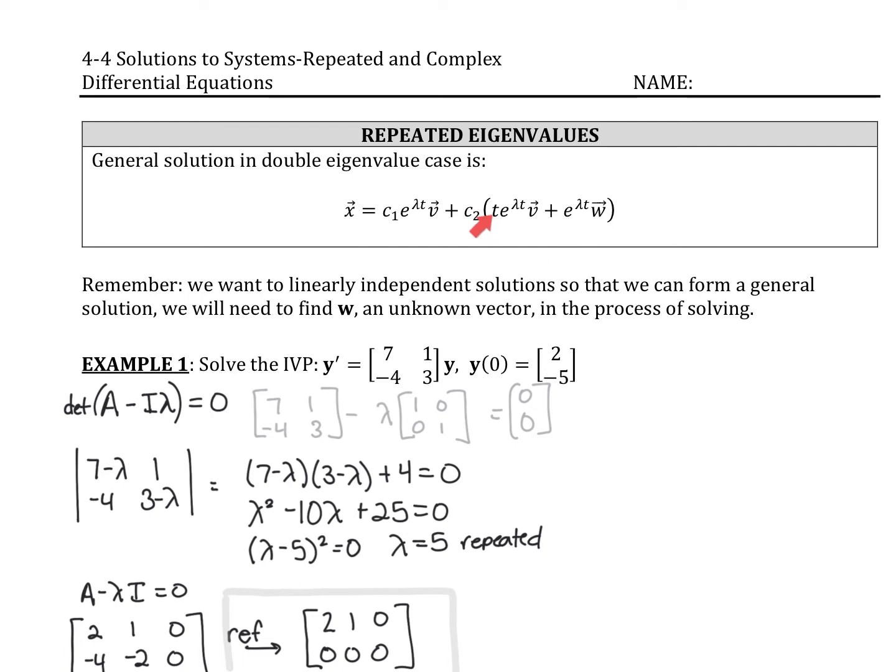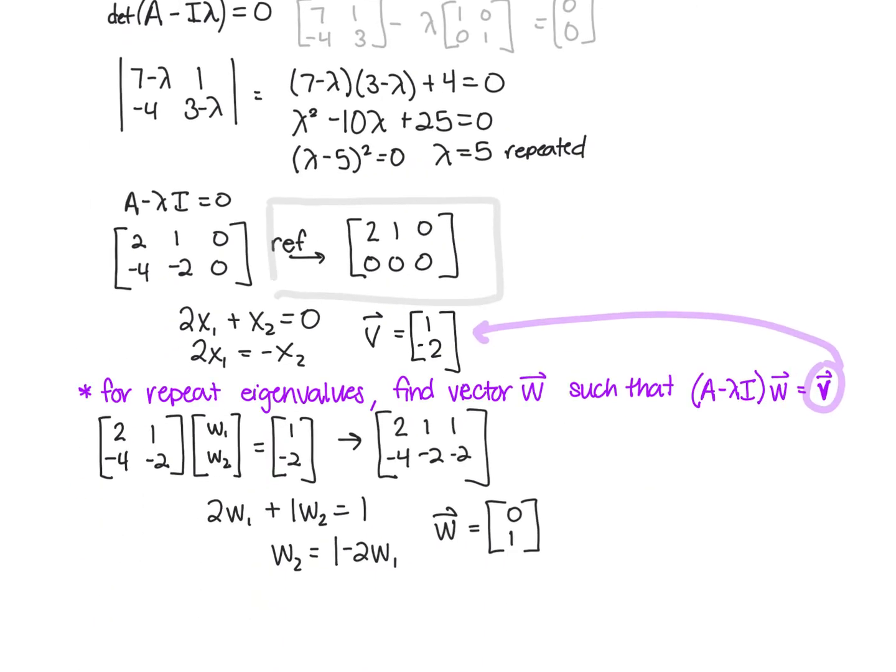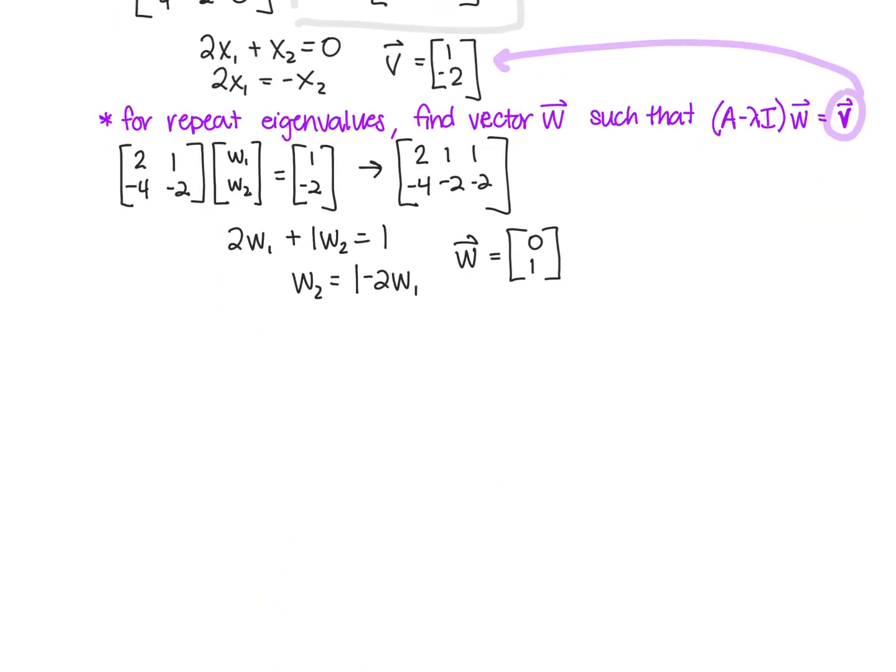It's very similar to what we did with repeated values from before. e to the lambda t times that vector. So notice the vector that we use, that repeated one, just has a t in front of it. But we're going to also add to it e to the lambda t times that additional vector that we found, that unknown w vector.